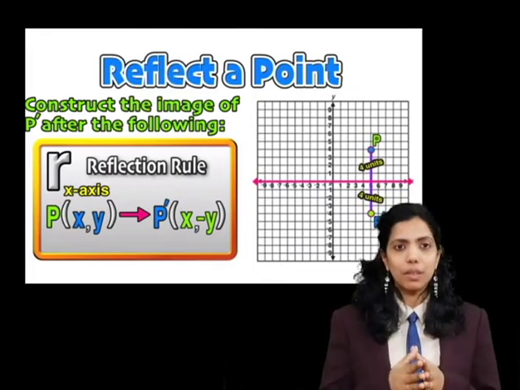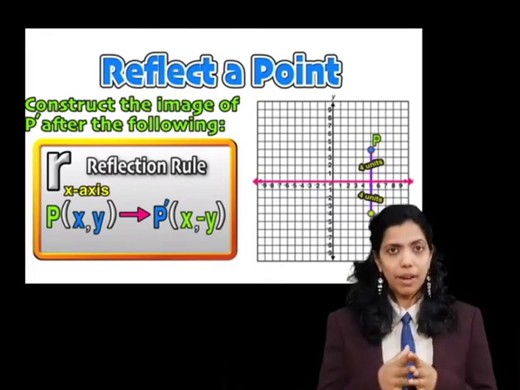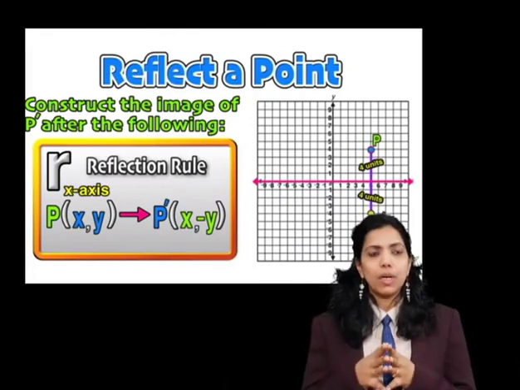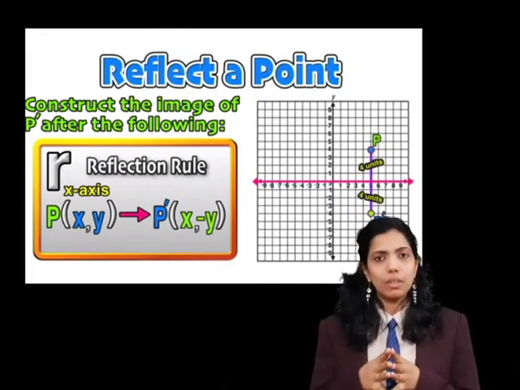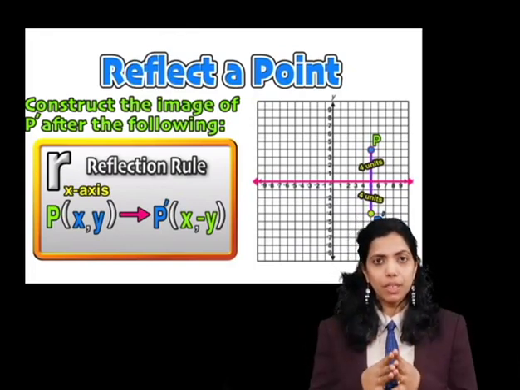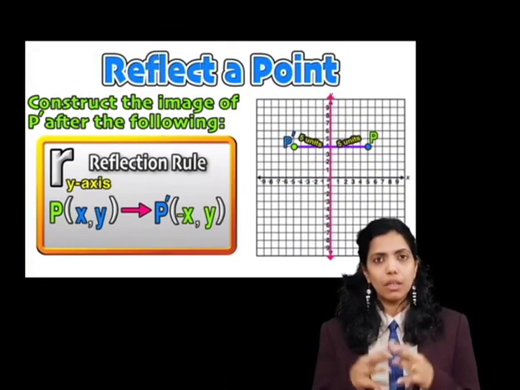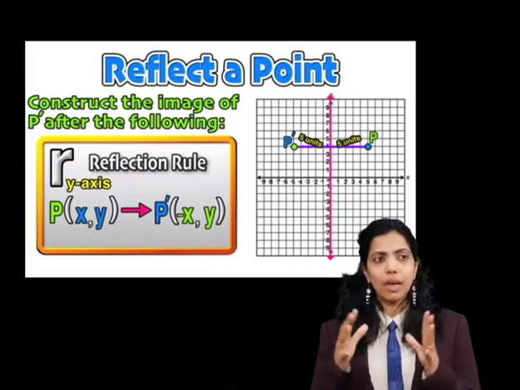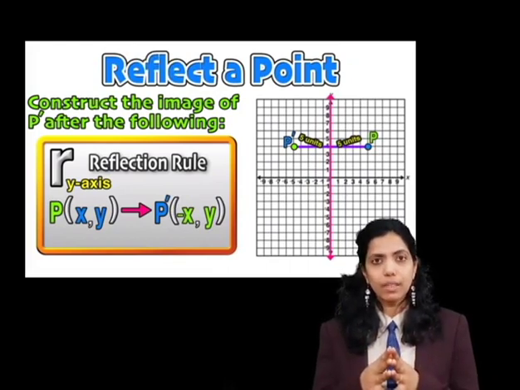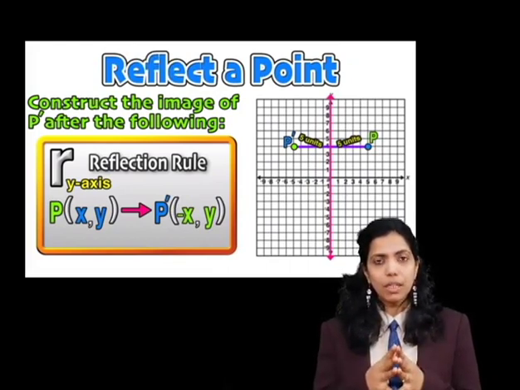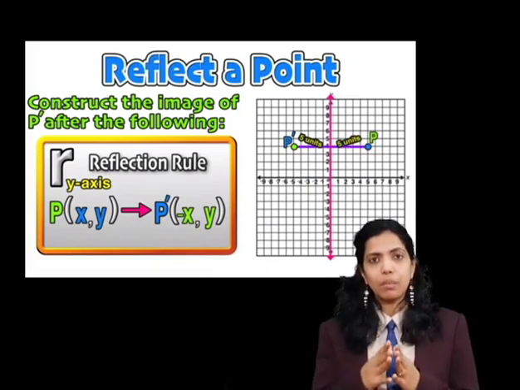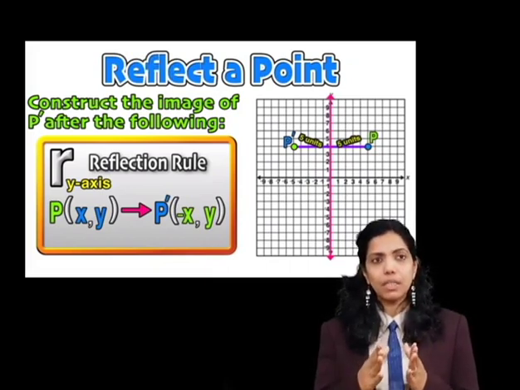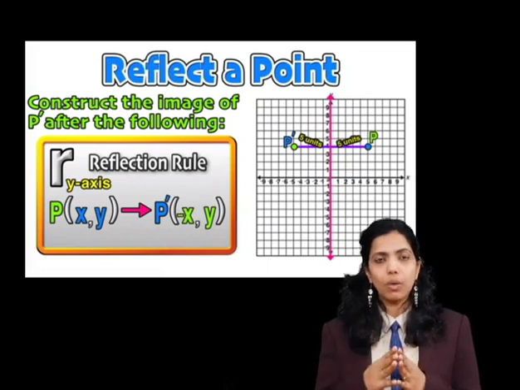So we can have the reflection rules at a glance. The first one, the reflection rule about the x-axis: if the point is P of x, y, it will turn as P dash (x, minus y). And the same way for the y-axis, we have the reflection rule: if the point is P of x, y, the mirror image we are getting is P dash (minus x, y).